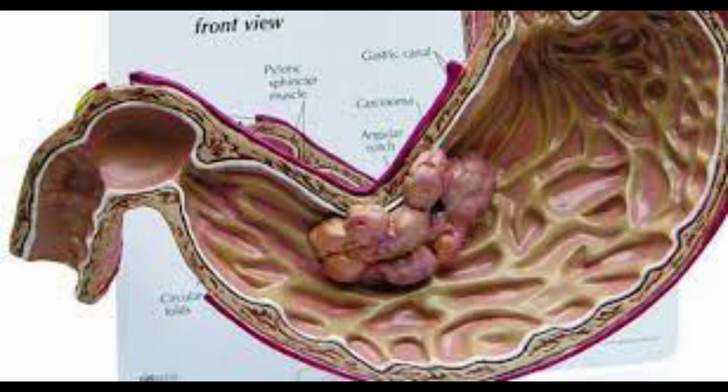We have the parietal or oxyntic cells, which produce hydrochloric acid (HCl) and intrinsic factor, the erythropoietic factor, the absence of which leads to pernicious anemia. Then we have the goblet or mucus-secreting cells, which produce mucus to protect the mucosa and lubricate the food.